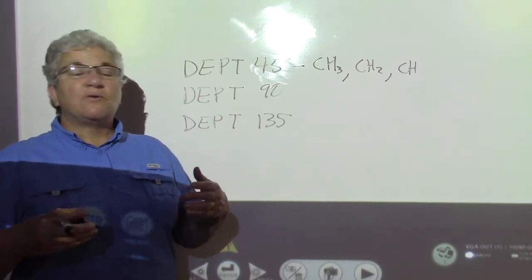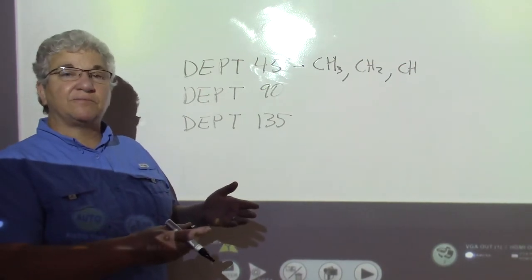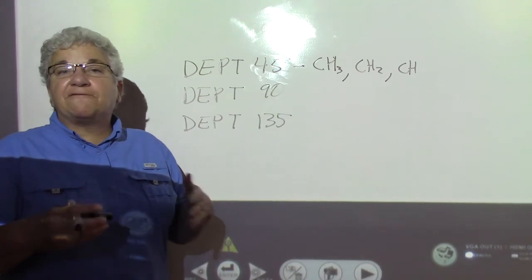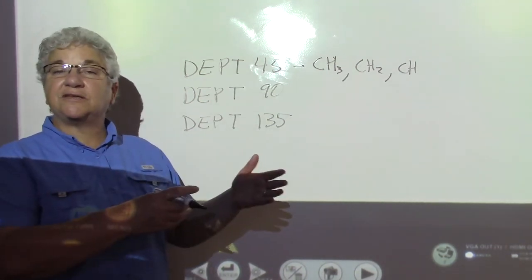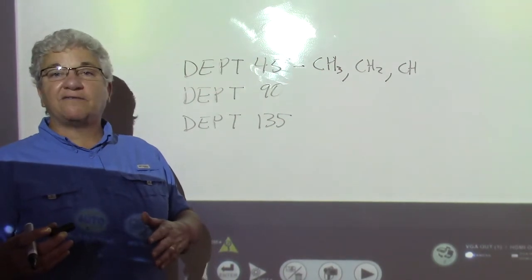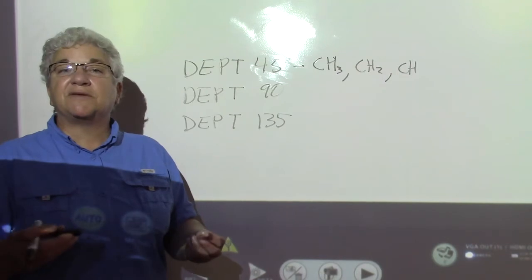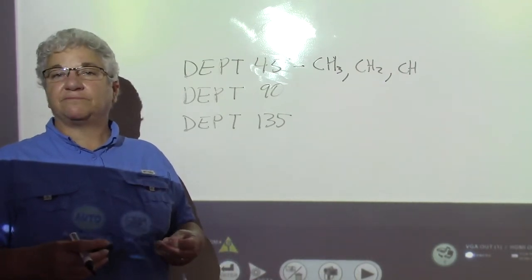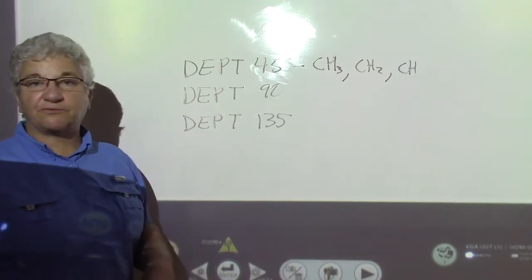And so when you compare your regular C13 spectrum to a DEPT 45, if there are peaks that are missing, right, they were present in the C13, they're not in the DEPT 45, that tells you that those carbons have no hydrogens on them. So that's the value of a DEPT 45.